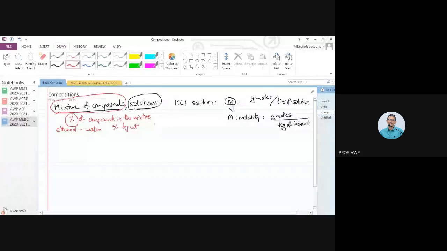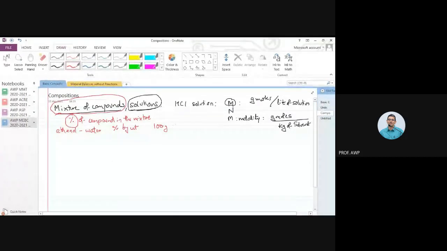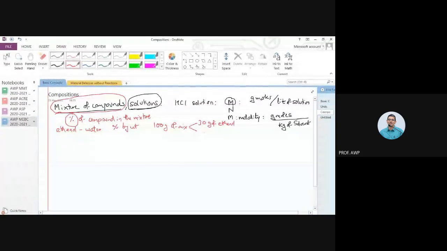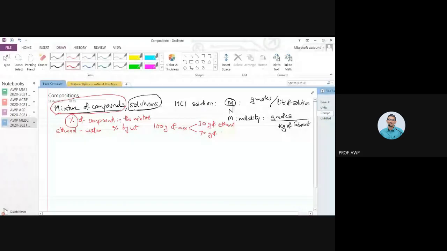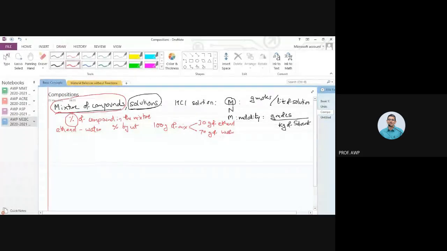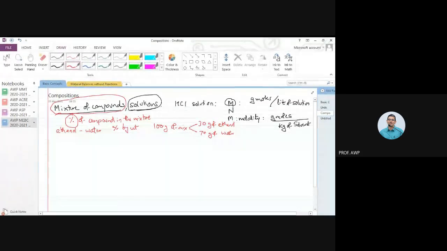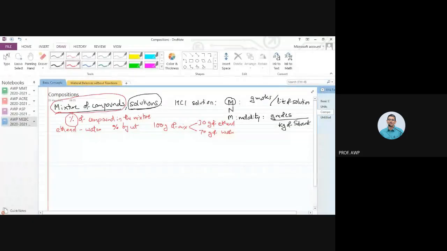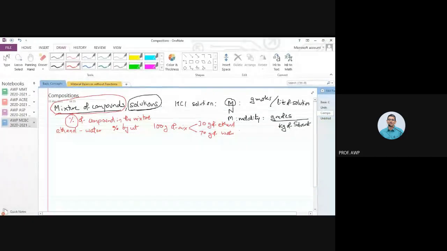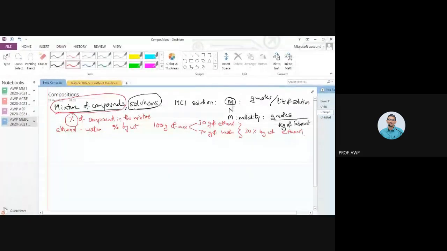Which means if I take 100 grams of mixture, and that mixture contains, let's say, 30 grams of ethanol and 70 grams of water, in terms of percentage by weight, it will be 30% by weight ethanol in that mixture.